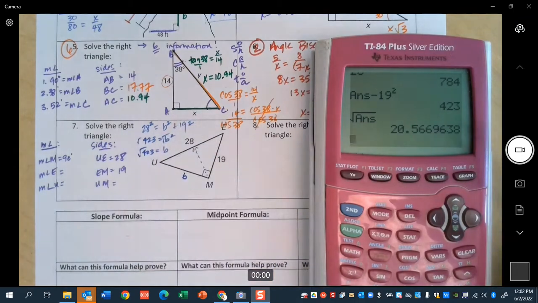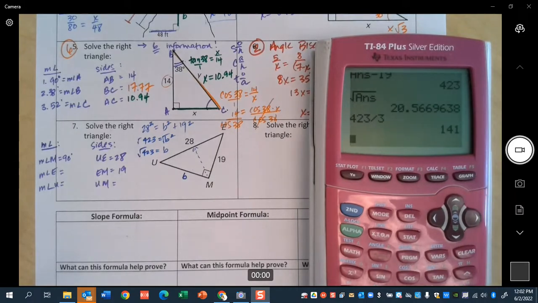I look at these numbers and I go through my divisibility clues from elementary school. It's not even, so it can't be divided by 2. Doesn't end in a 5, so it can't be divided by 5. If I add 4 plus 2, I get 6. 6 plus 3 is 9. Oh, what evenly goes into it? If the sum of the digits is divisible by 3, that means that 3 evenly goes into that number. So 423 divided by 3, let's see if we get a number we like better.